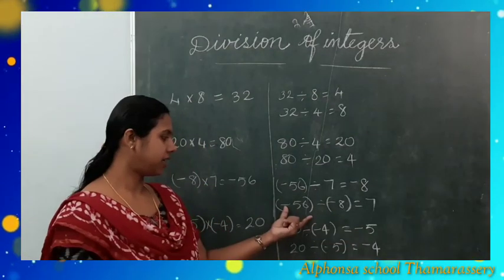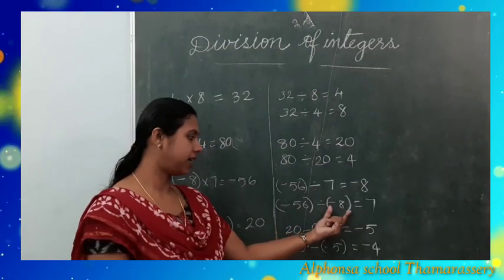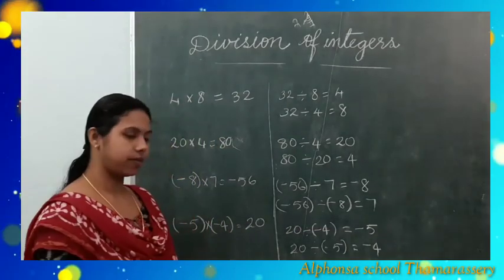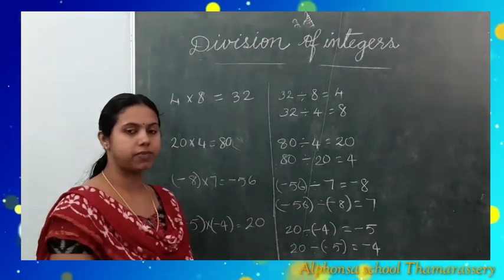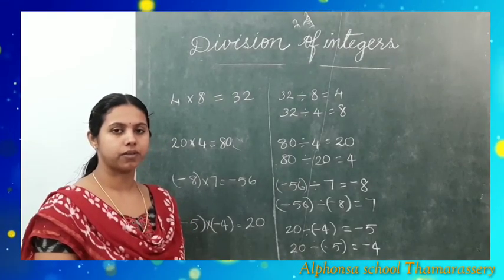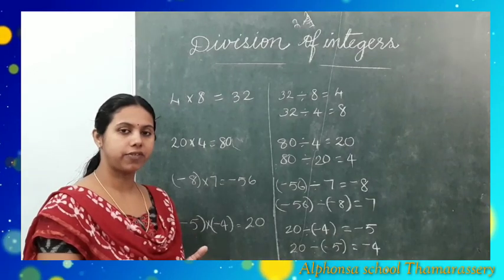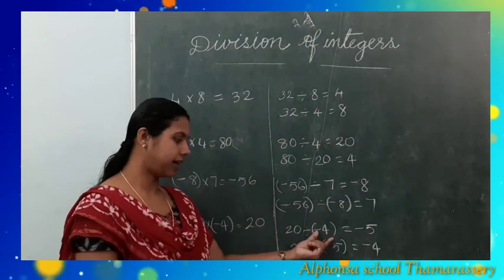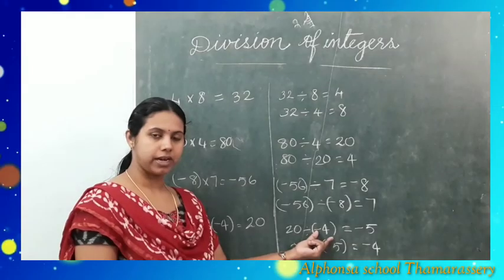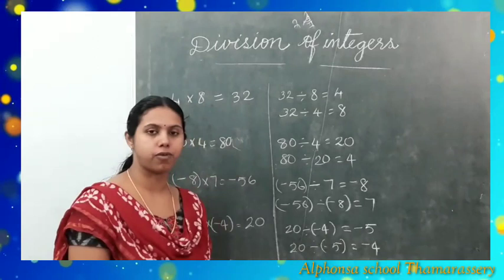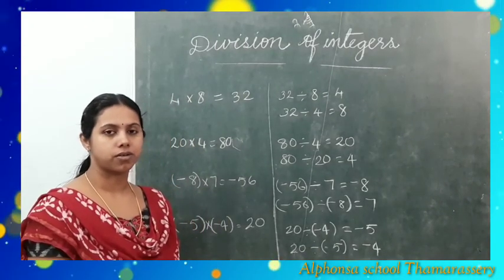A negative integer divided by a negative integer gives a positive integer. So from all these examples we can conclude that when a positive integer is divided by a negative integer, divide them as whole numbers and put a negative sign before the quotient.